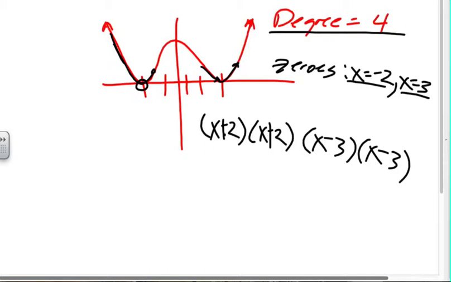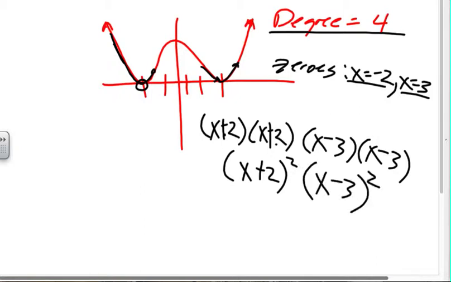So x plus 2 squared times x minus 3 squared. So what this tells me is that these 2 zeros are repeated twice. And remember, you have to change the signs for your zeros so that when you plug this number in, it makes that term 0.